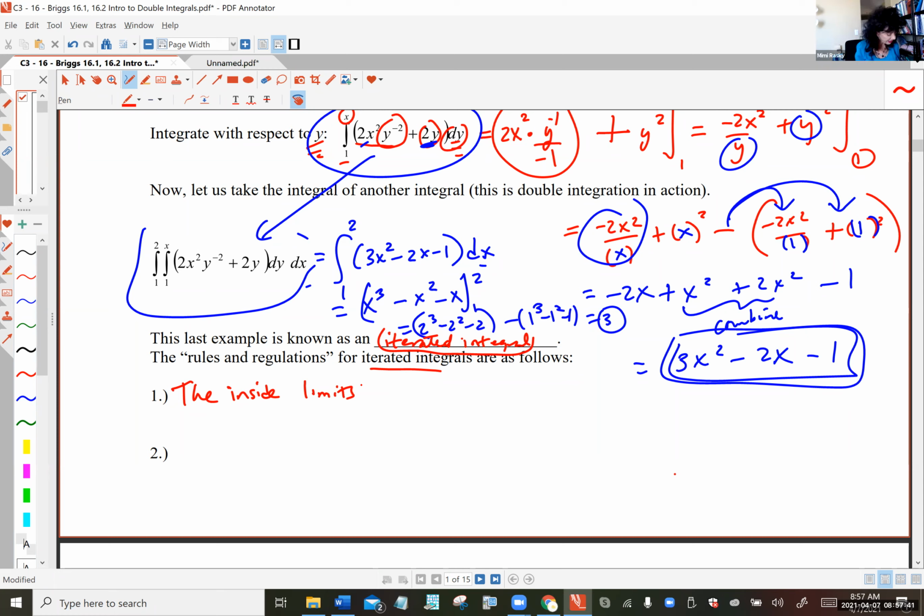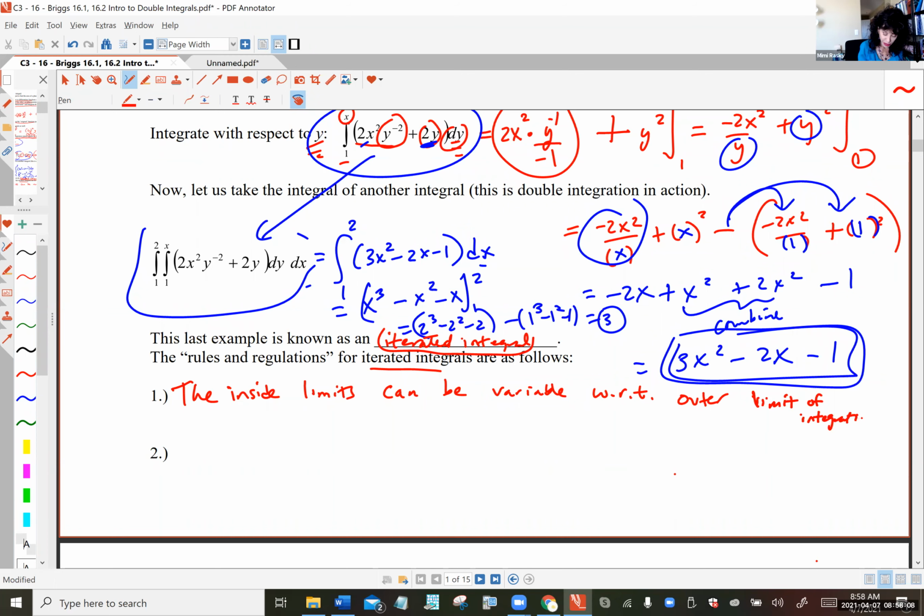The inside limits can be variable w.r.t. the outer variable or limit of integration.